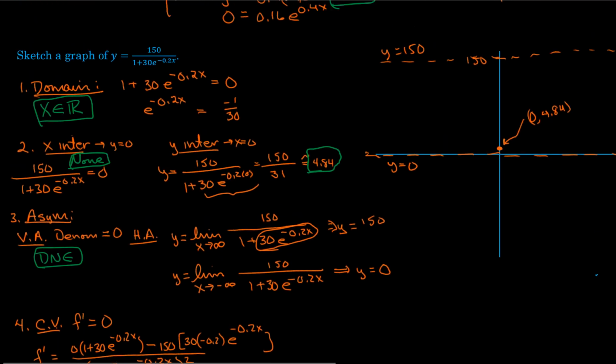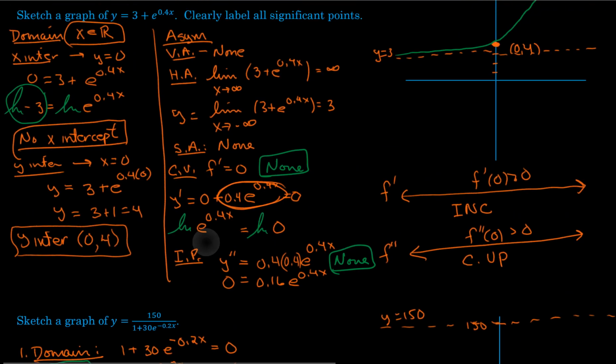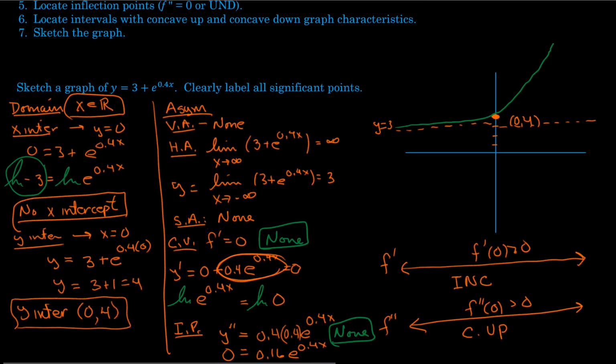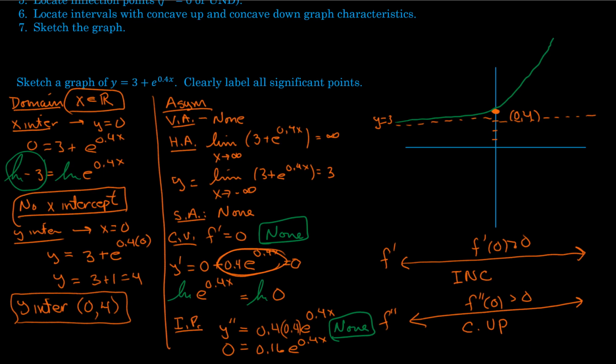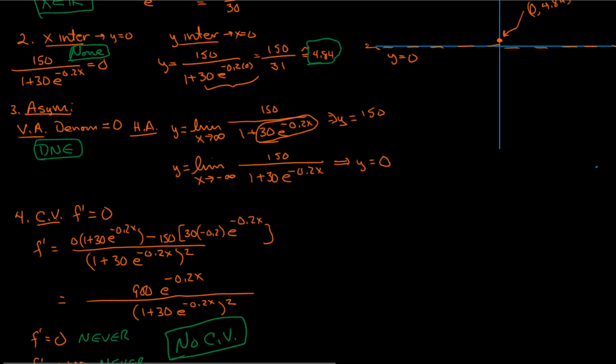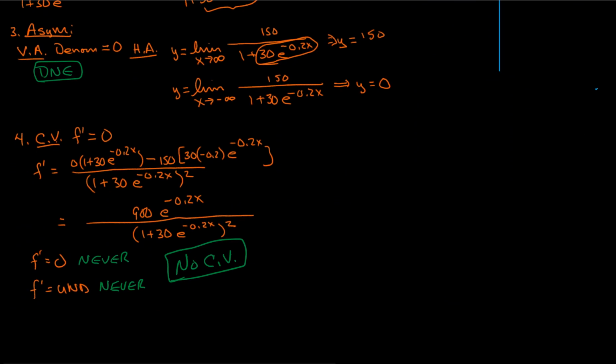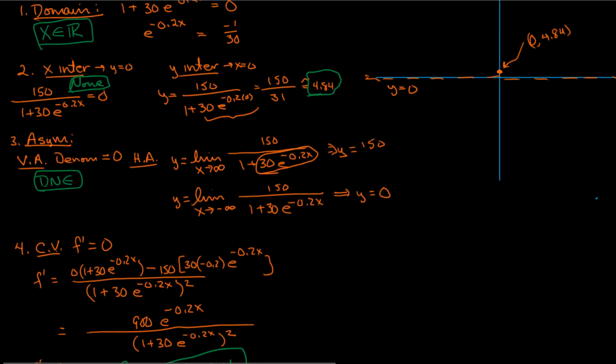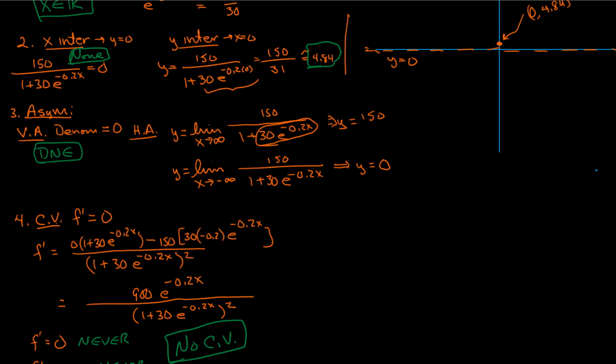If we go back up to our list, way up here, number 6 on the list is locate where it's concave up and concave down. Okay, so that's the next thing to do. And before I do that, I want to come over to my graph. I'll draw a line here.